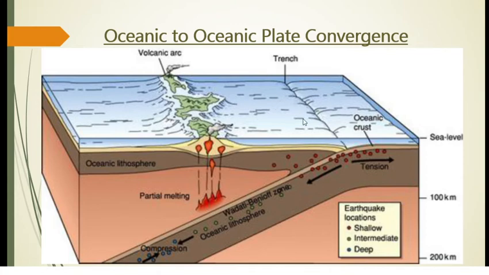Okay, it may happen just like what happened in Japan in 2011. That is why one of the most dangerous parts of this oceanic to oceanic plate convergence is that during an earthquake we can expect that tsunamis may form, especially when the earthquake produced has a higher magnitude.